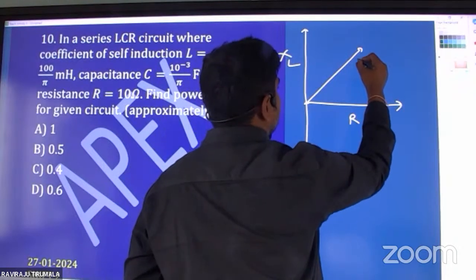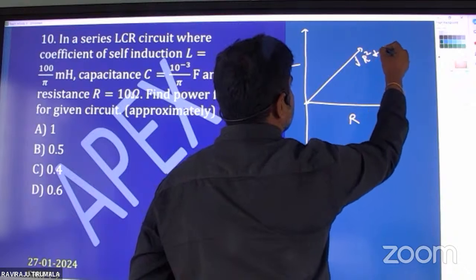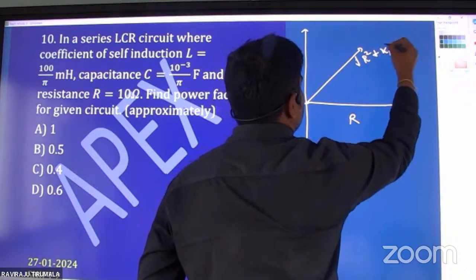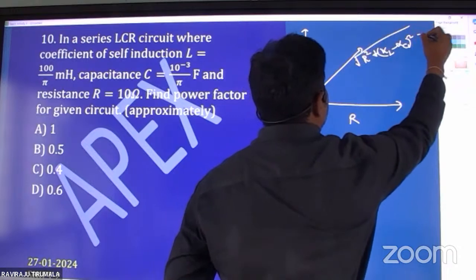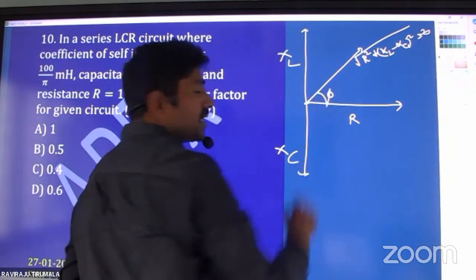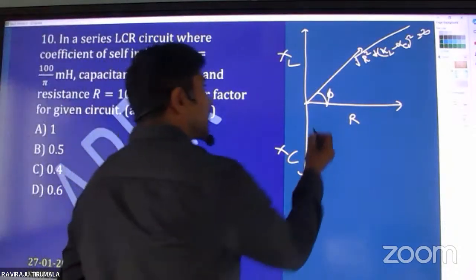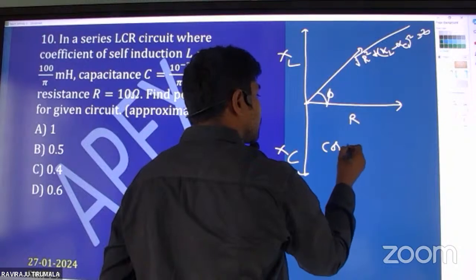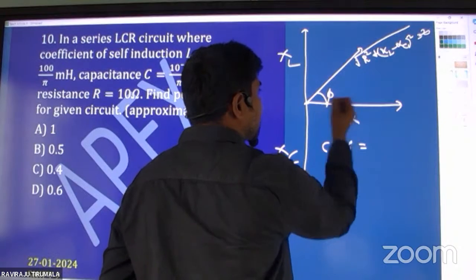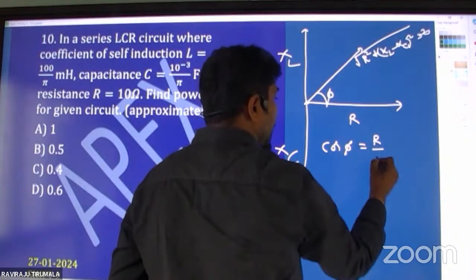So what is the resultant? Root over R square plus XL minus XC whole square. That is nothing but Z only. So this is phi, the phase angle, and power factor is nothing but cos phi. So according to this, cos phi is adjacent side by hypotenuse, that is R by the whole expression.